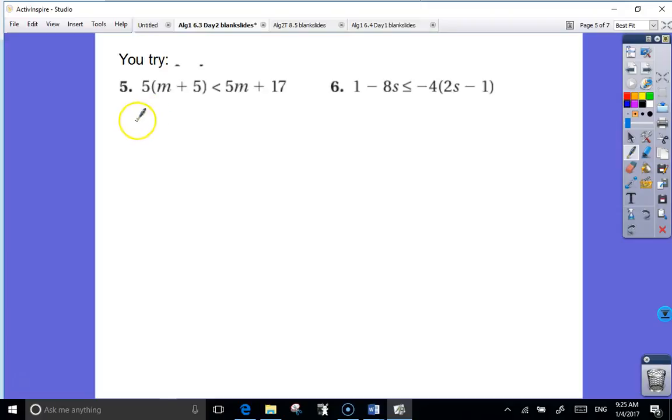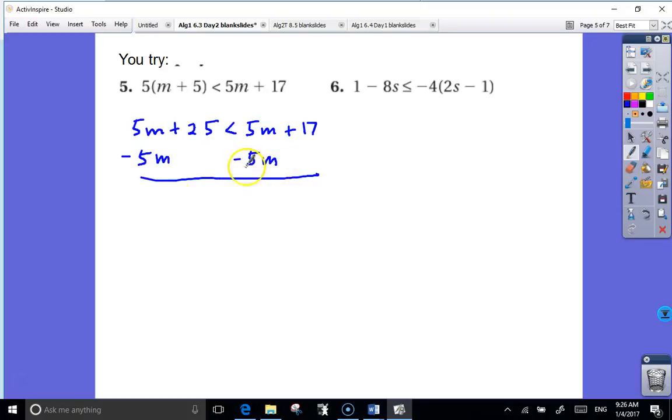This is 5m plus 25 less than 5m plus 17. Subtract 5m. So 25 is less than 17. False. No solution.